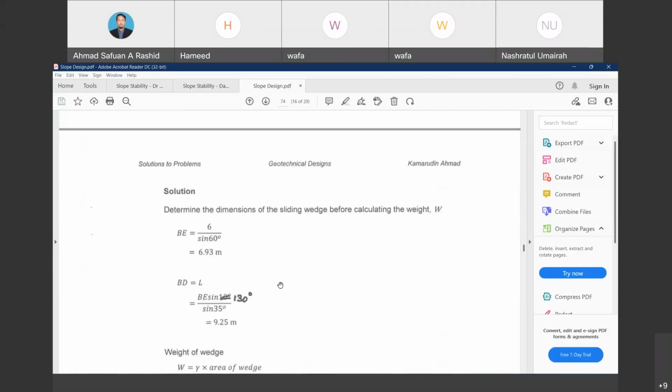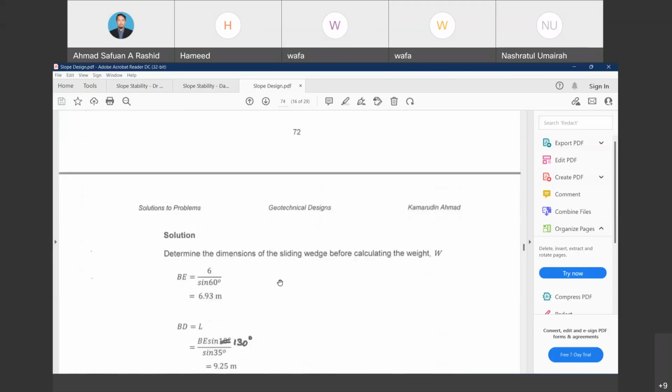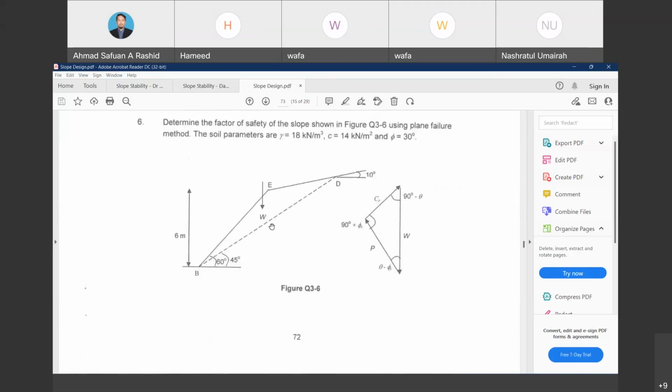For the next step, we need to determine the BD. What is the length of this BD? To determine the length of the BD, we should also use the sine law approach. So we draw the problem first.